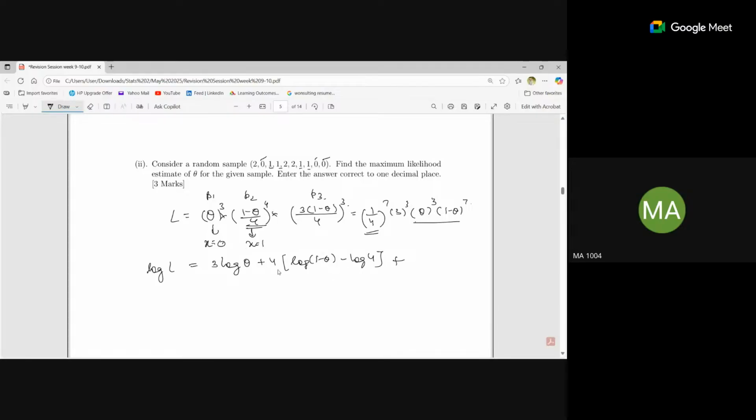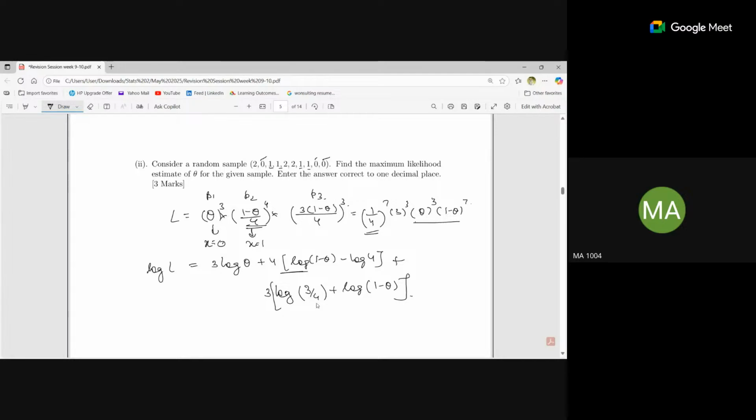Okay. Let me continue with this thing only. So this step is clear. Now this can also be written as 3 log of 3 by 4 plus log of 1 minus theta. I've just taken 3 by 4 as a constant term and 1 minus theta as a different variable.